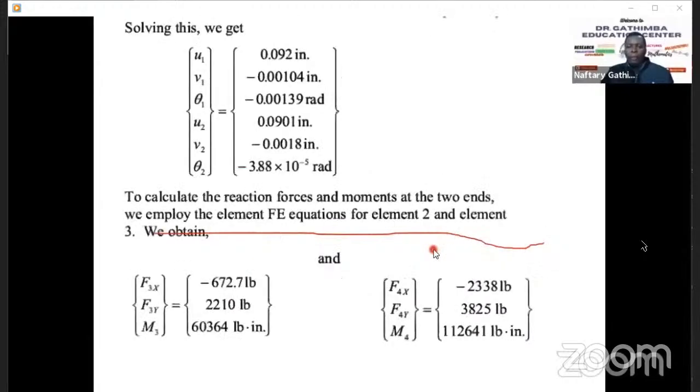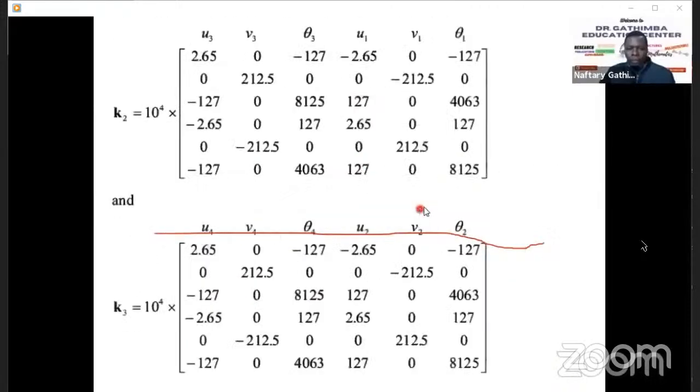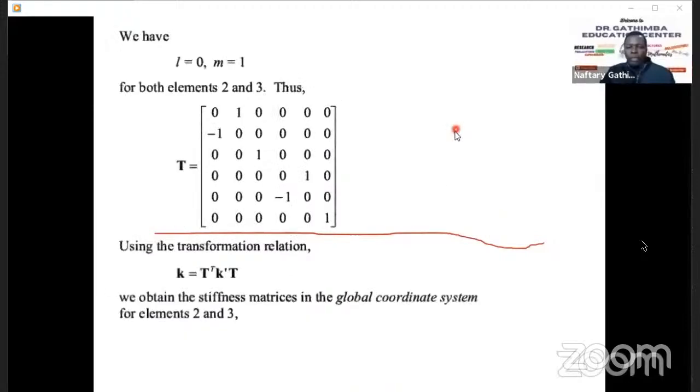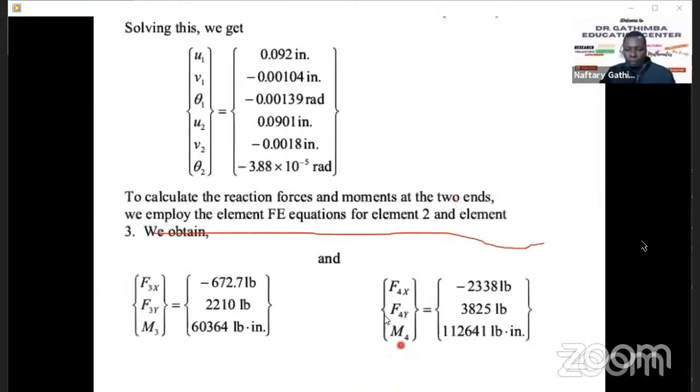That's why we needed to go back and extract them from the elemental stiffness matrix and then from the slope deflection equations. Even here, if you want M3 and M4, you need the slope deflection equation to obtain them.